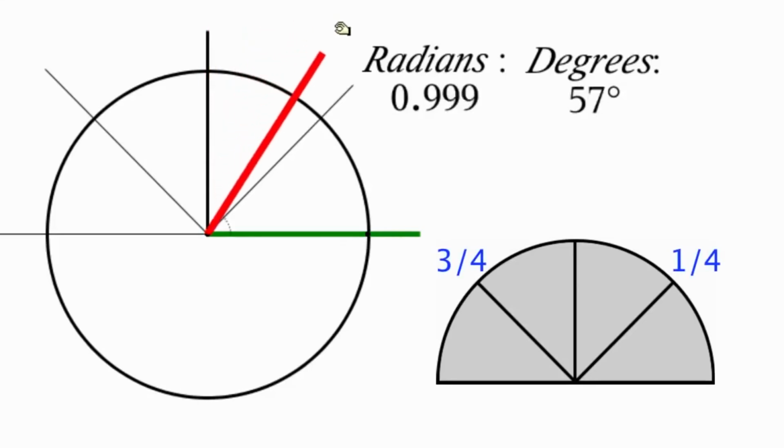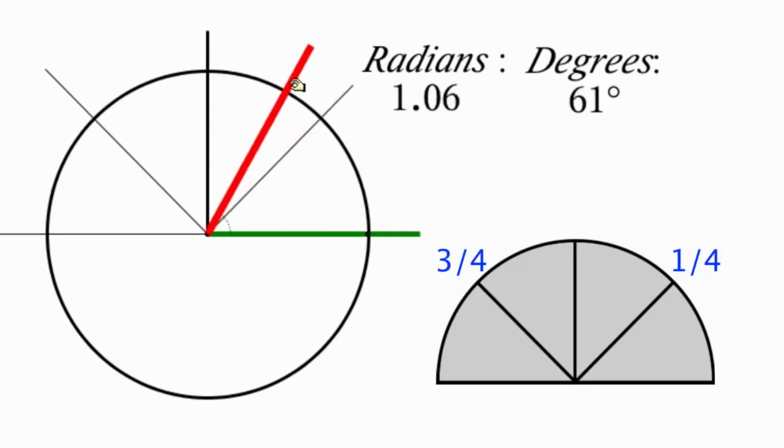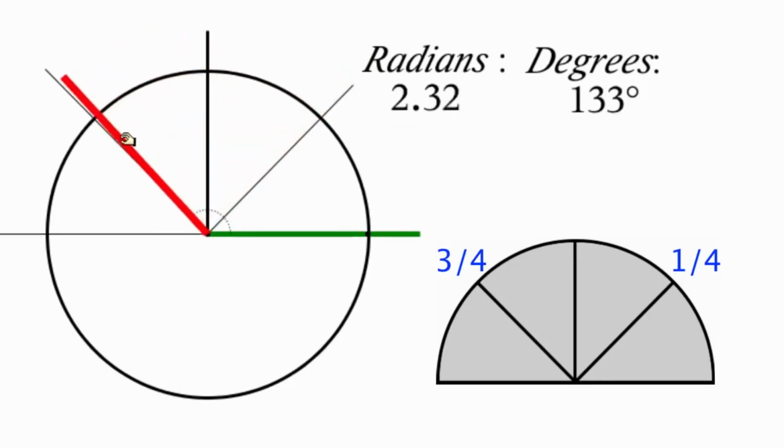And over here we've got 1/4 pi, or just pi over 4, which is the same as 45 degrees. And over here we've got 3/4 pi, which is 135 degrees. And of course here is 1 complete pi, and that's 180 degrees.